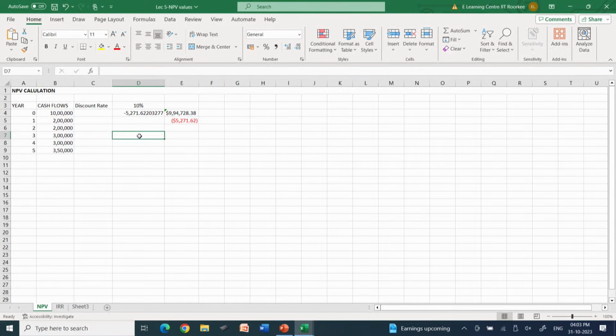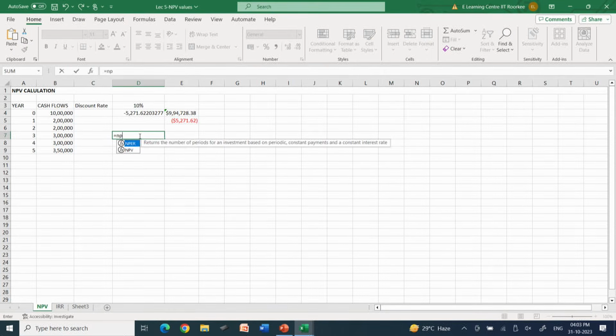You type the equal to sign, then NPV. It asks for the rate, so it is 10%, and then you have to freeze this with F4, comma, and then select all the values.